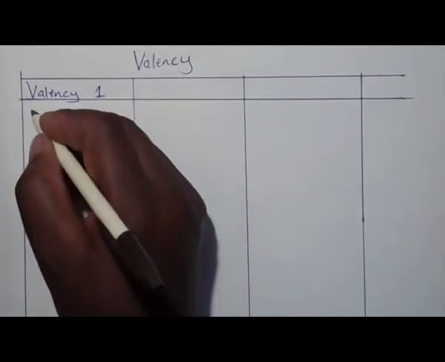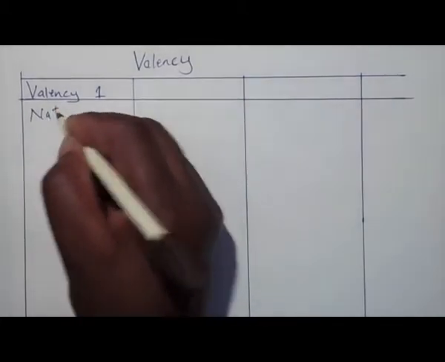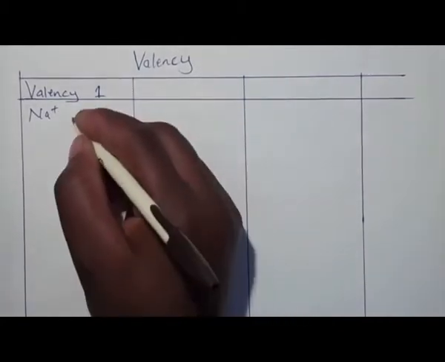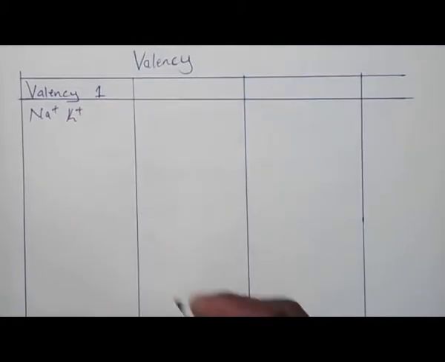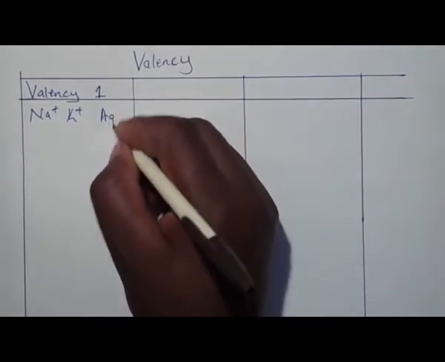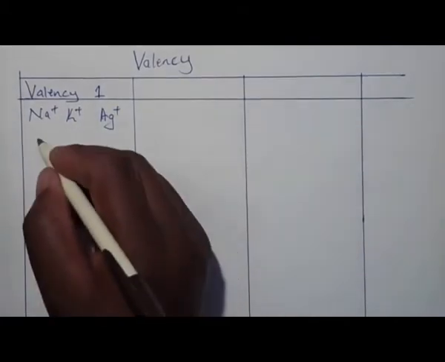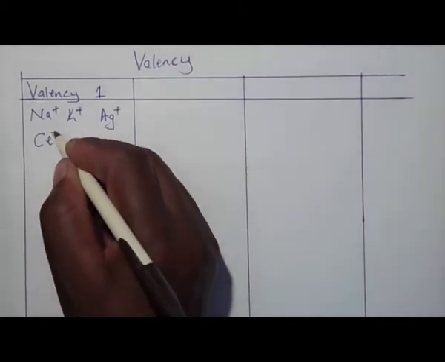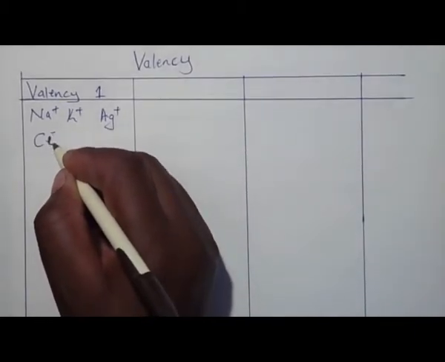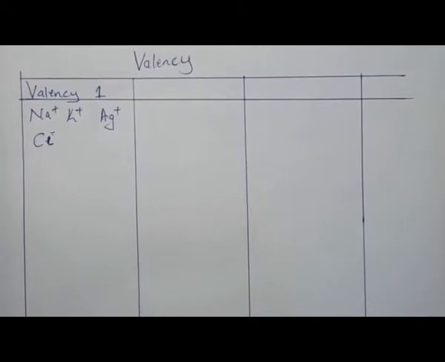So elements, we have sodium with valence 1, we have potassium with valence 1, we have silver with valence 1, we have chlorine, this is a chloride ion, with valence 1.